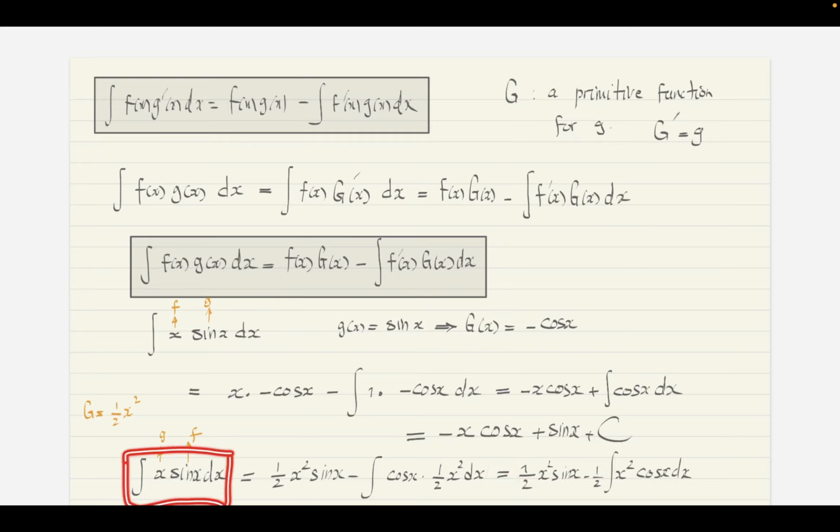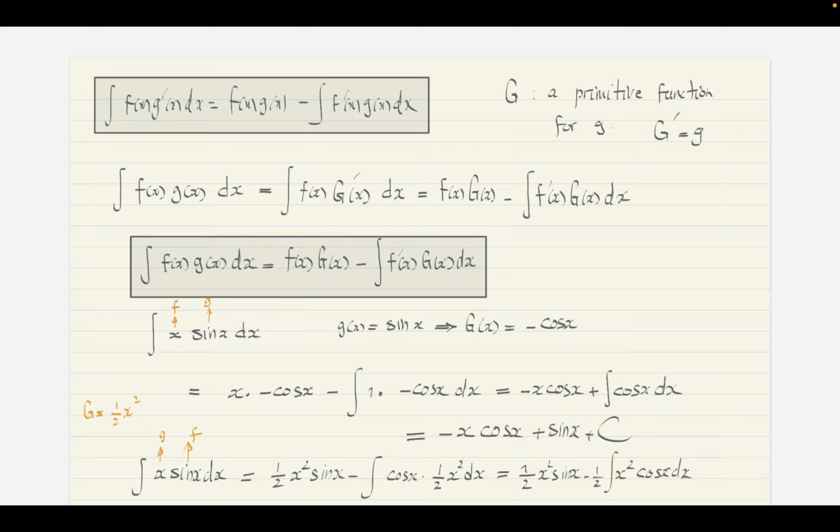Definitely this integral is also equal to this expression. But the problem is that this formula in this order is not helping me at all, because it has changed my integral to a new integral. But this integral, I hope you agree with me, is even harder than my original integral. So sine and cosine are comparable, but instead of having x in my original integral, I have second power of x.